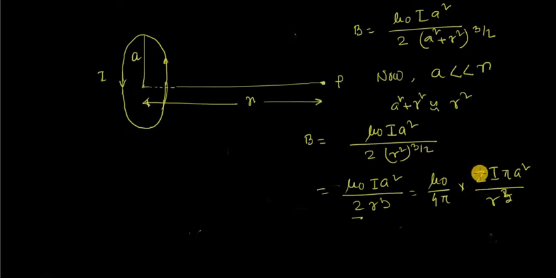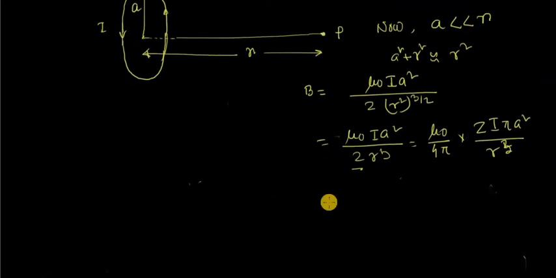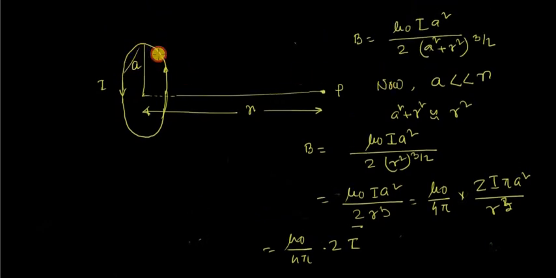In the numerator an additional 2 pi term comes, and in the denominator we also multiply by 2 pi, so the 2 converts into 4 pi. Your expression now becomes mu 0 by 4 pi into 2I. What is pi A square? Pi A square is the area of that coil or loop. So it is I into A by r cube.